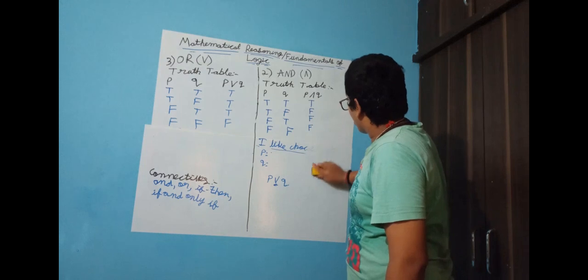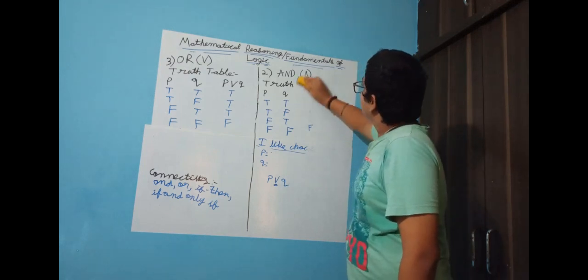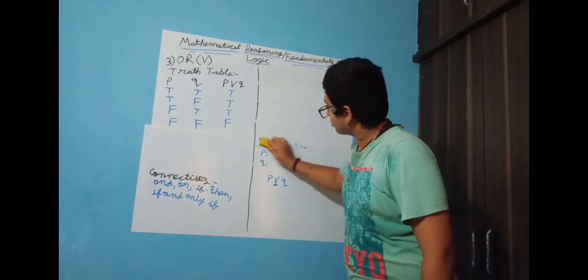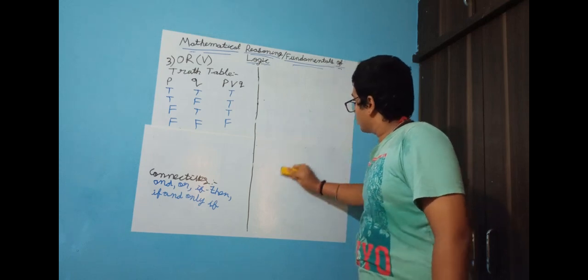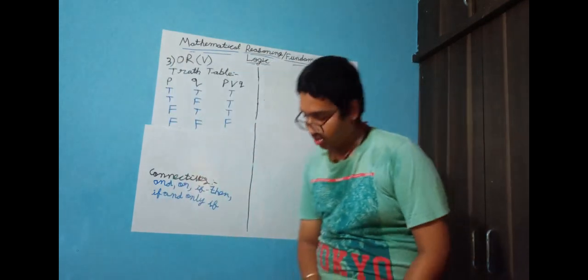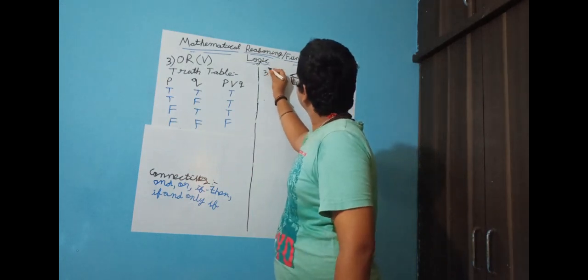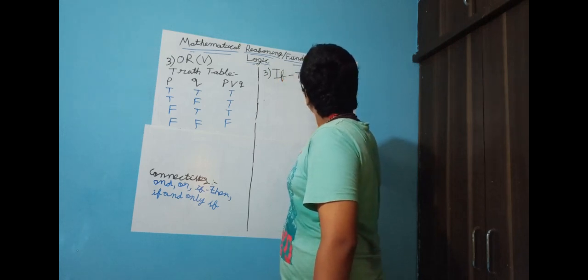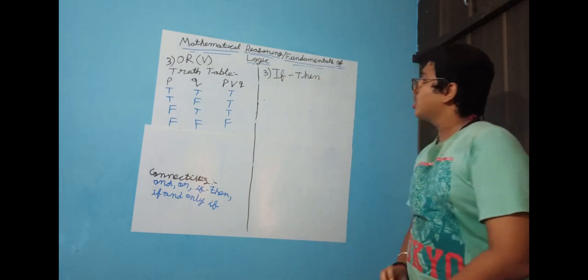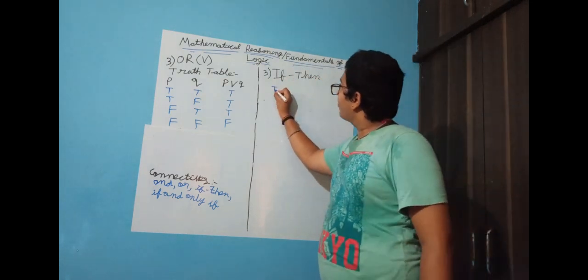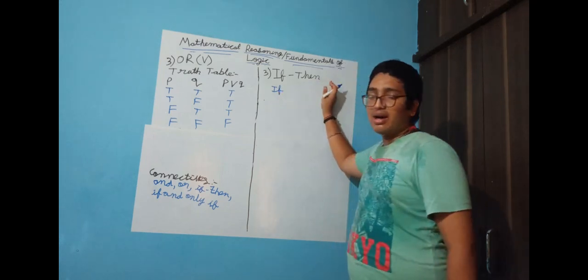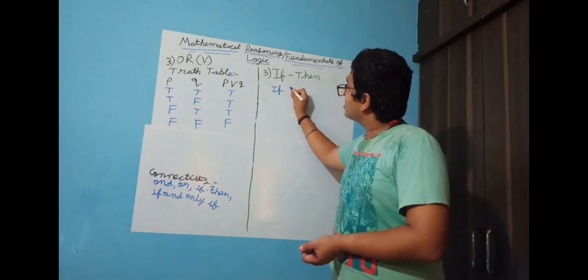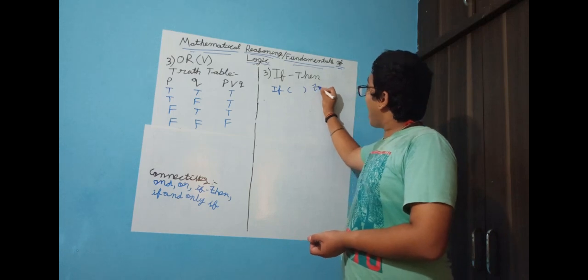Next we will see if then. If P then Q is also called if then. In other subjects like artificial intelligence, it is known as if condition then action.